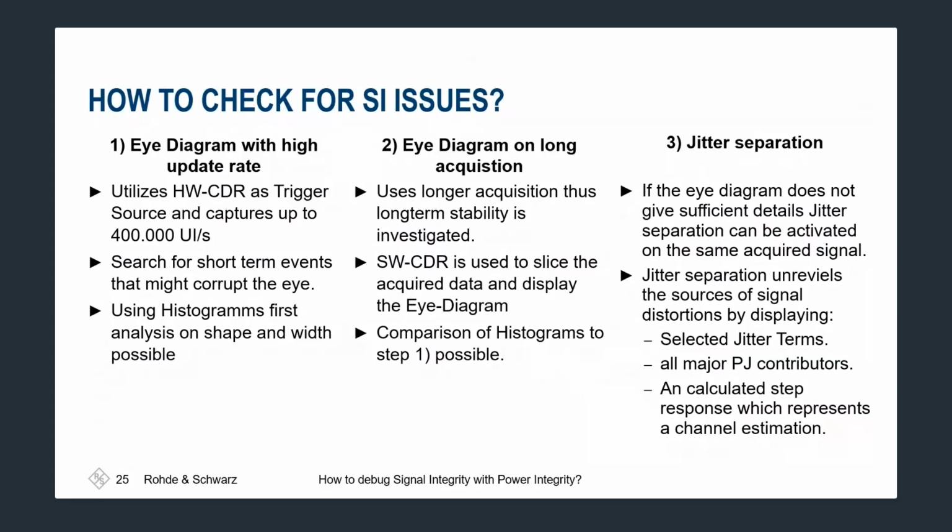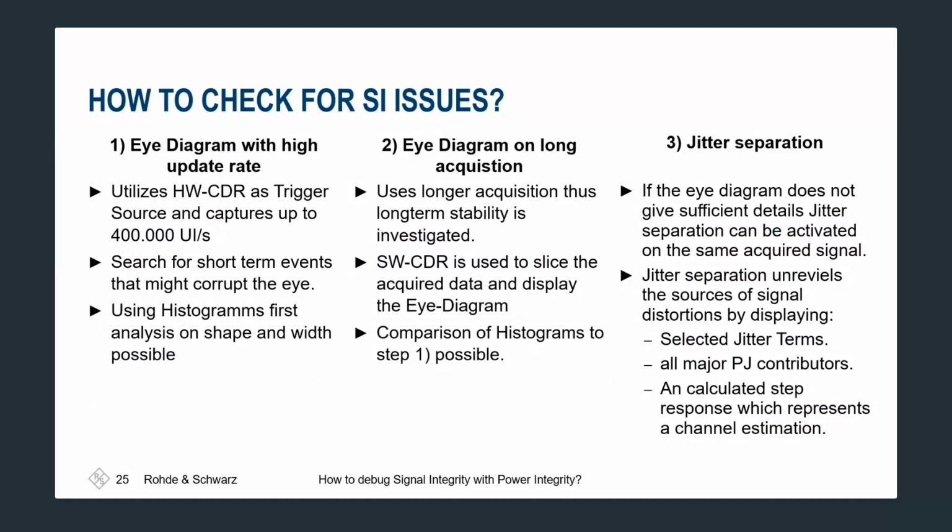So how to check for signal integrity issues? The real-time eye approach utilizes hardware CDR as a trigger source and captures up to 400,000 UIs per second. This gives us benefits such as searching for short-term events that might corrupt the eye. A lot of statistical data can be analyzed in a short measurement time from waveforms by using histograms, for example. The software CDR approach uses longer acquisition time, thus the long-term stability of the signal is investigated.